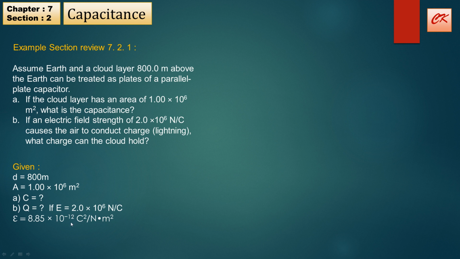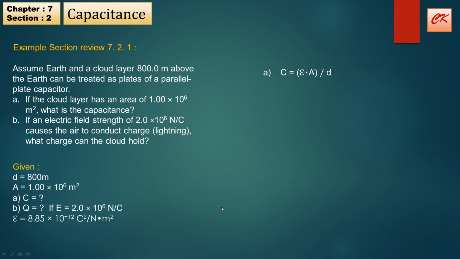And in B, it says if the electric field is equal to 2 times 10 to the 6, what is the charge accumulated on the clouds? Since the material between the clouds and the Earth is air, choose here the permittivity of free space. Epsilon is 8.85 times 10 to the negative 12.